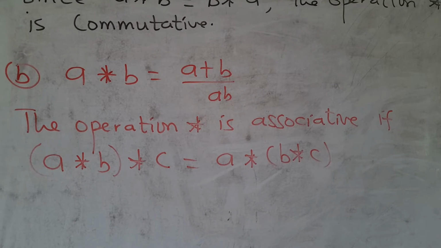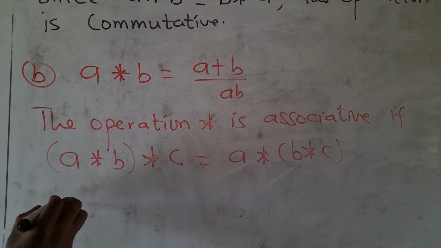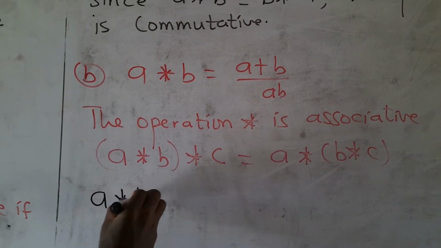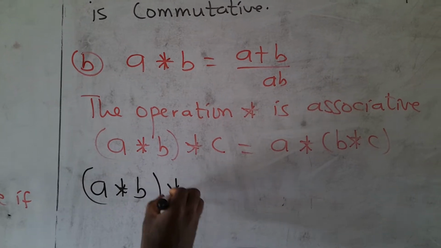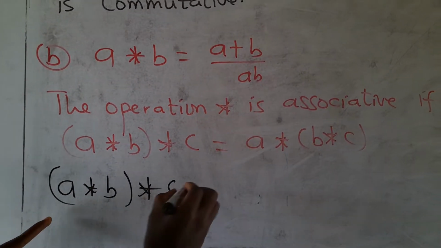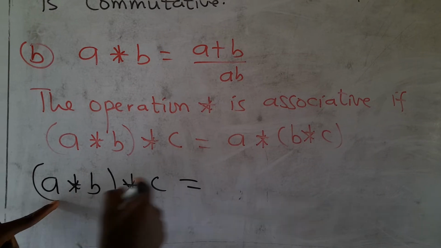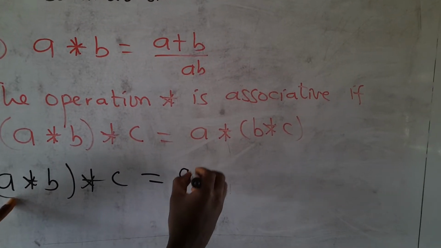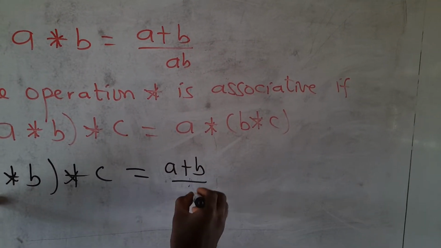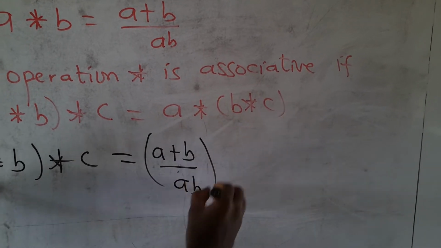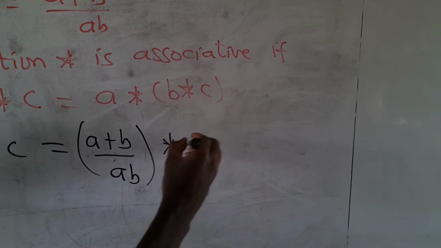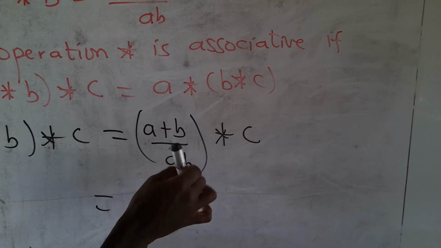So we can find A star B then star C. So this will be equal to, remember A star B is A plus B over AB, then star C. So how do we find that star C?